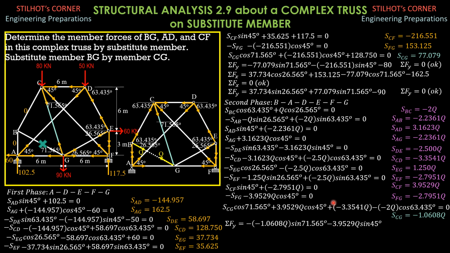And checking, everything is in terms of Q, so summation of forces X is indeed 0. So, okay.